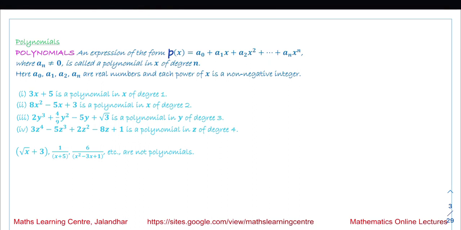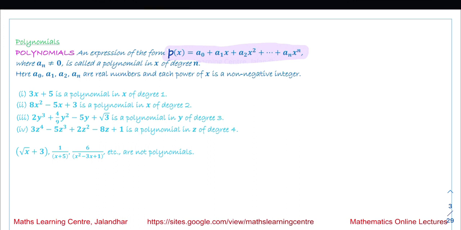An expression of the form p(x) = a0 + a1x + a2x² + and so on up to anxⁿ, where an is not equal to 0, is called a polynomial in x of degree n.